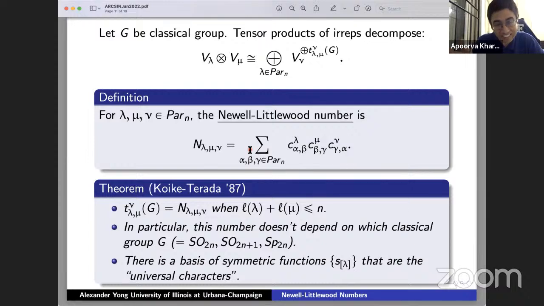And also, since we are talking about moral similarities or not, if you have the basis of symmetric functions, is there also something like skew symmetric functions in this context, which the NL numbers relate to? Yeah, so the funny thing about skew is that the NL coefficient is actually symmetric in lambda, mu, and nu.